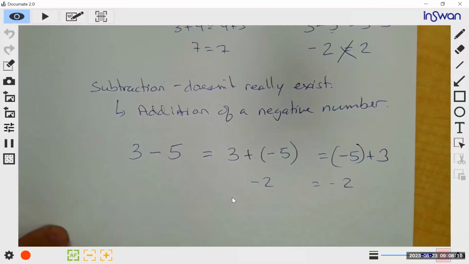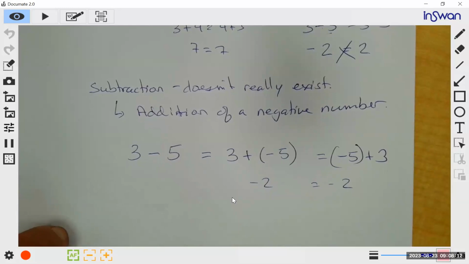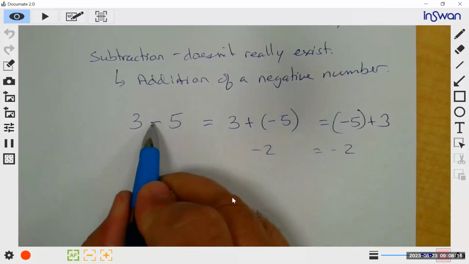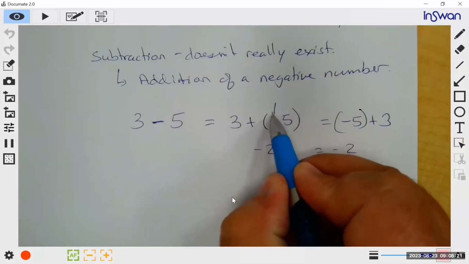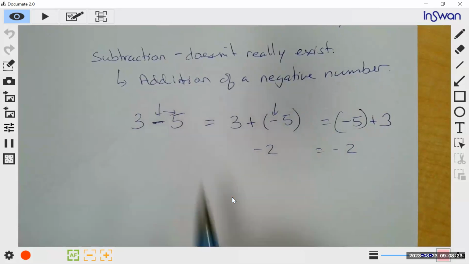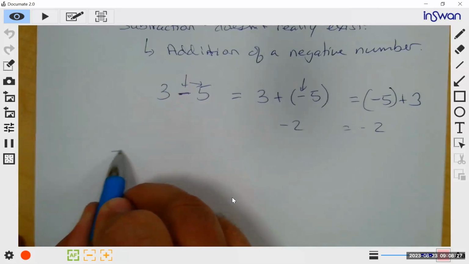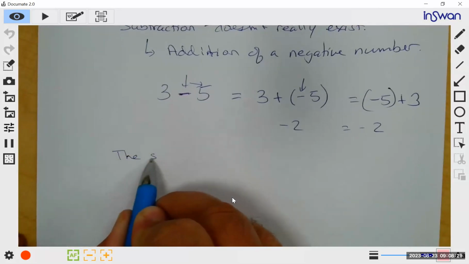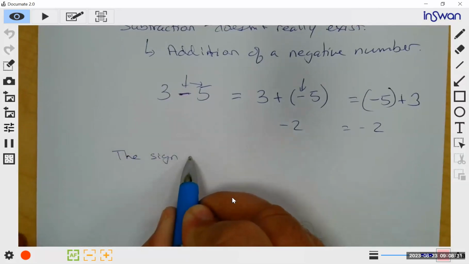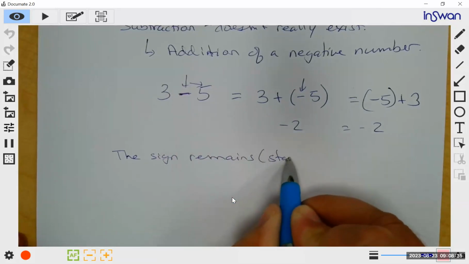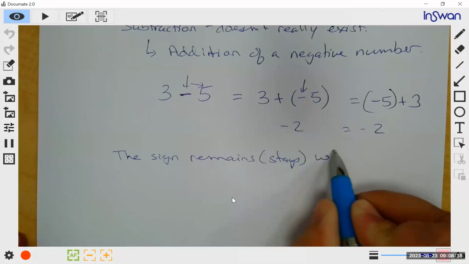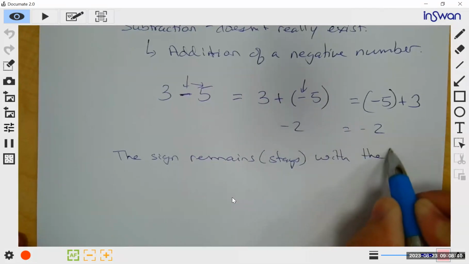So what this rule tells us here, you cannot use subtraction in the properties, but whenever a number has a negative in front of it and you move it around, that sign has to stay with that number. The sign remains or stays with the number.